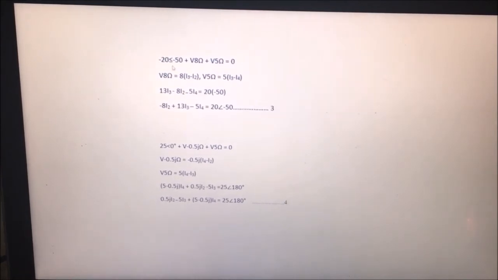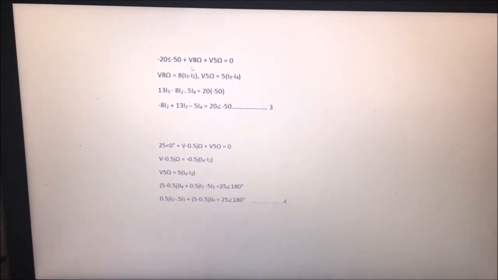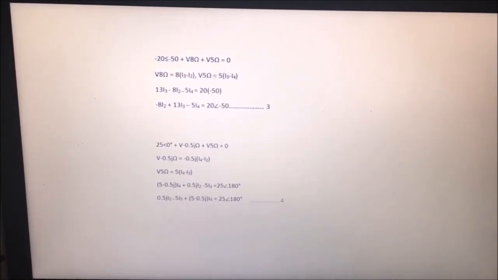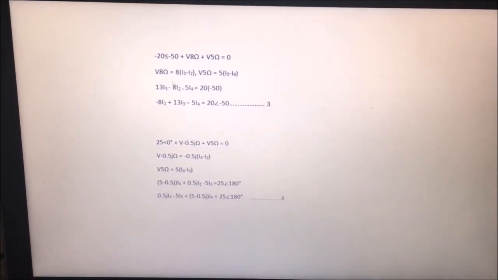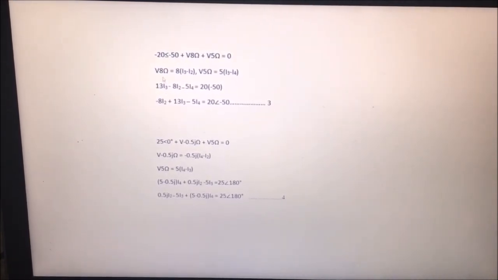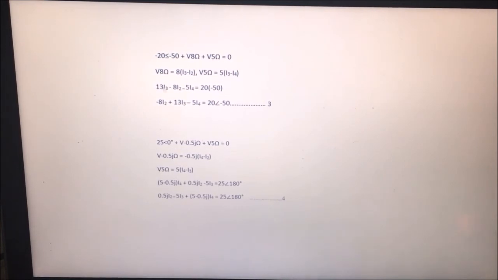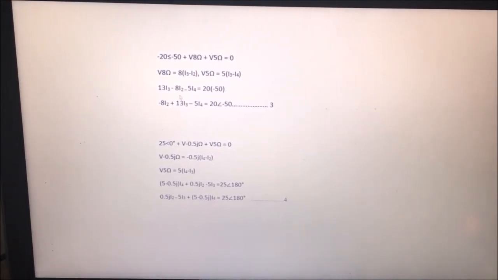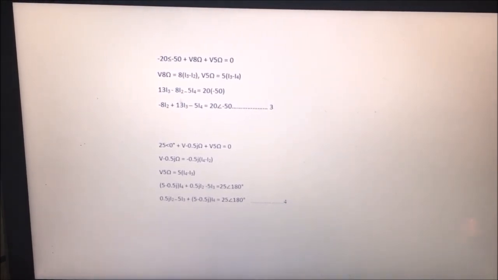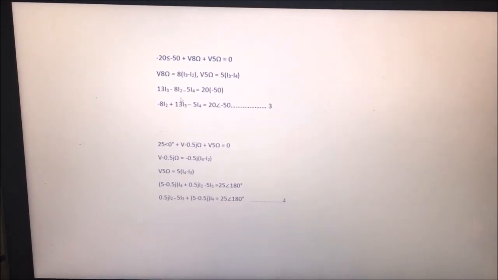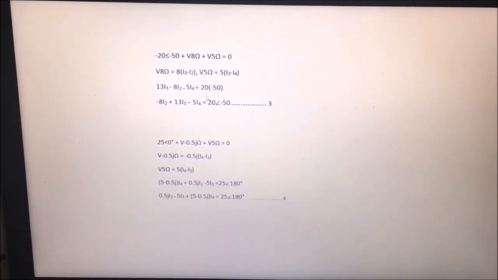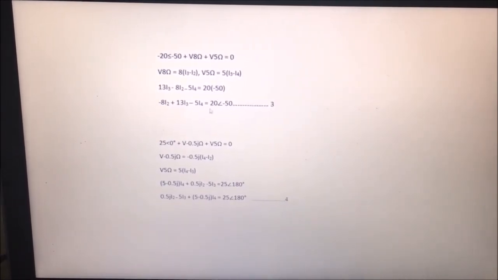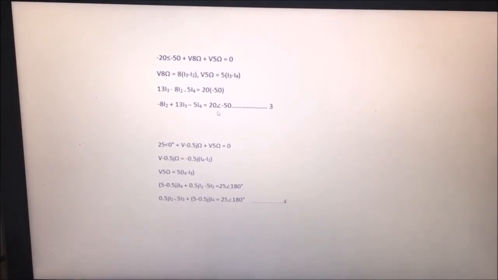For equation 3, loop 3, negative 20 plus V8 plus V5 equals 0, and we expand it, which is 13I3 minus 8I2 minus 5I4 equals 20 angle negative 50.